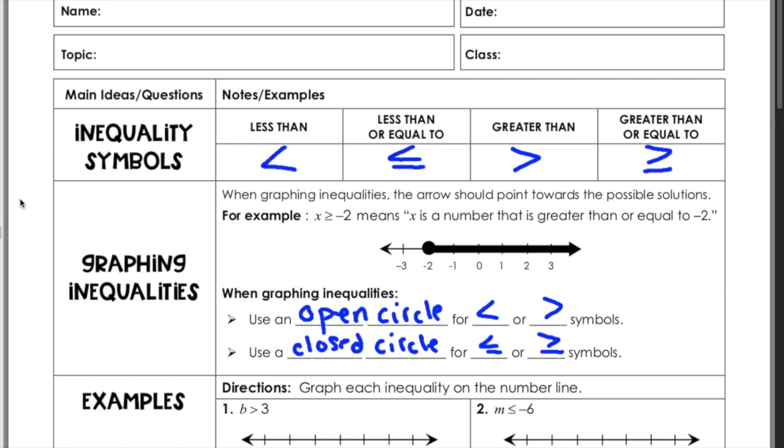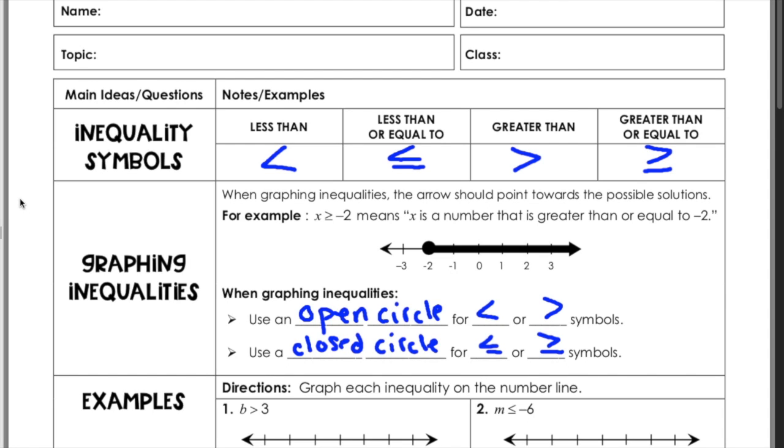And just to remind you guys when graphing, at the top I'm just going to put a little number line. Remember that all numbers to the left on a number line are getting smaller, and all numbers to the right are getting larger. So if we have a number line, we'll have 0, 1, and 2, and -1 and -2.